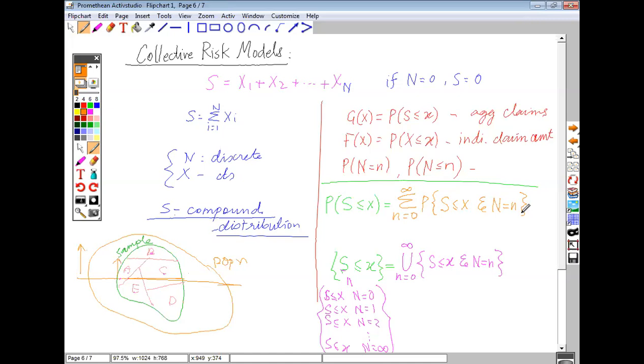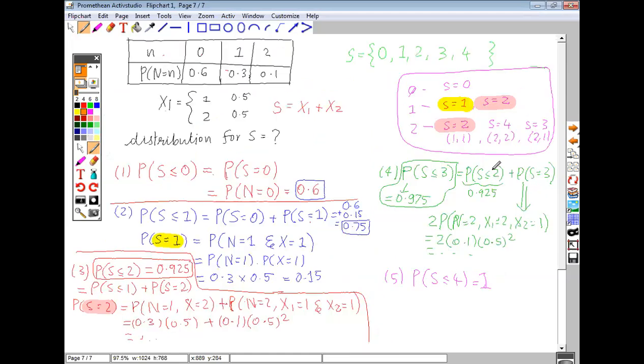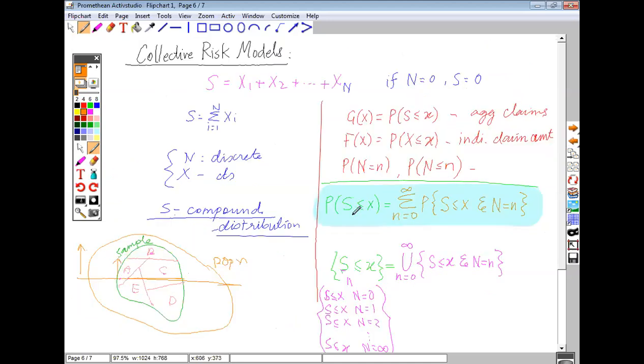Does this make sense? So this is the formula which is of utmost importance to us. So in a way, to solve this question, we used this. But this is just how I have to write it in terms of mathematical notation. Does this make sense to everyone?